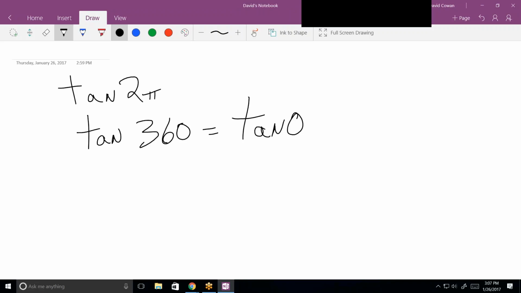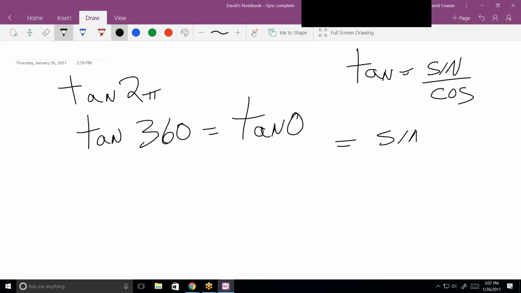The tan is equal to 0 basically when the sine is equal to 0. Have you had that relationship yet? In other words, the tan is equal to the sine over the cosine. Yes, the tan of 0 would be the sine of 0 divided by the cosine of 0.